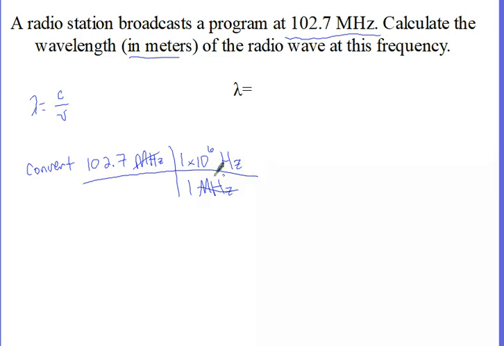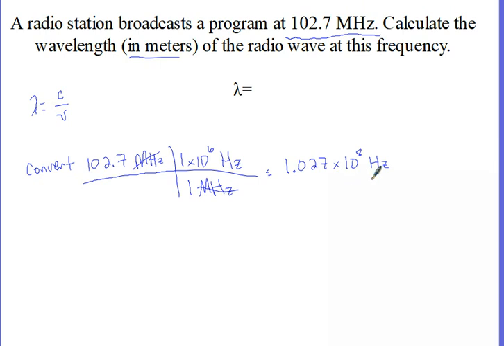So when you do your calculator part of this, you basically end up with scientific notation of 1.027 times 10 to the 8th hertz. So that's your frequency in hertz. You don't want to do the math with 102.7 like that. You need to convert it to hertz. This is the same frequency as before, only reported in a different unit.